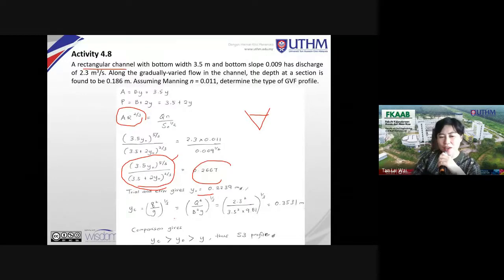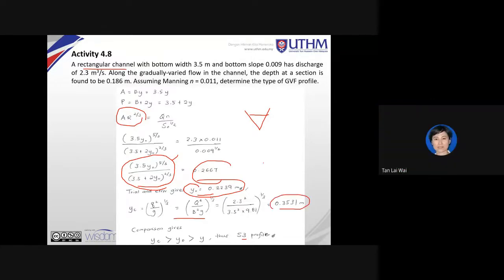Same thing, you find your YC, compare it, and we'll get S3. So we have Y0 0.2293, YC 0.35. So I'm going to arrange all this.